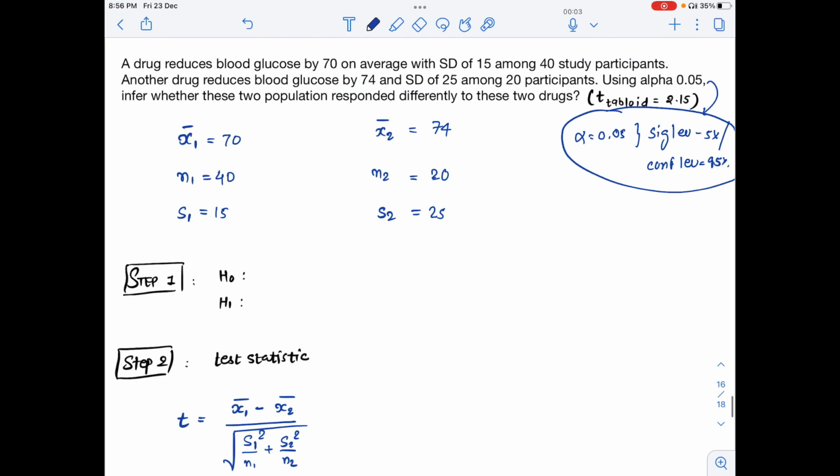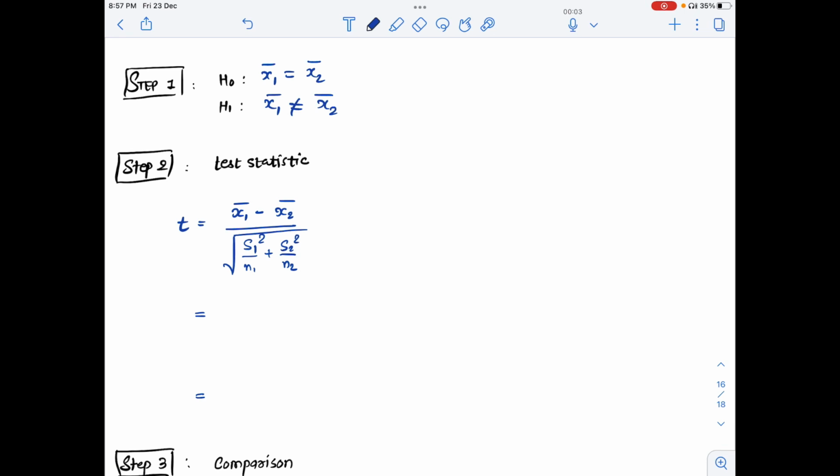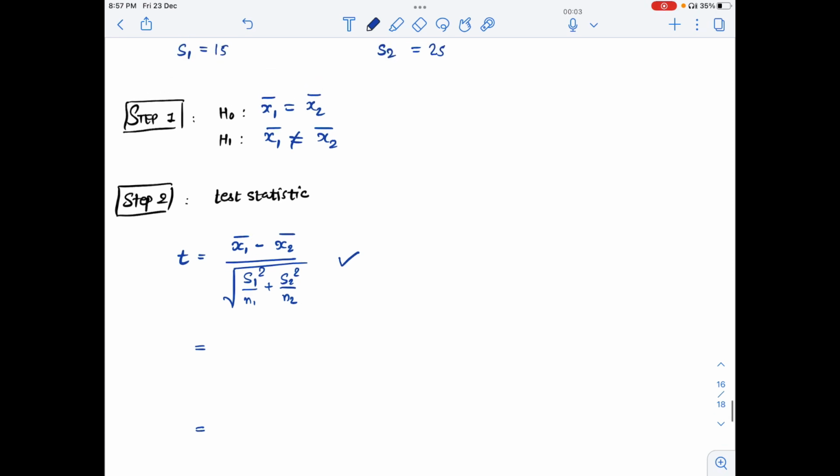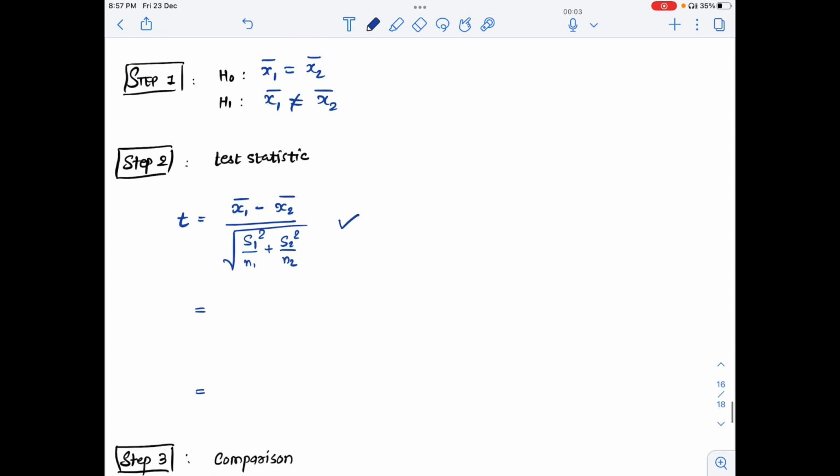Now the null hypothesis is that the first mean and second mean will be equal, and the alternate is that they won't be equal. For the test statistic, we just saw this formula. There is another formula which is a bit difficult, and it will also give a similar value. So we will use the easier one. I would advise using this formula only because it is very easy and there are fewer chances for mistakes to be made.